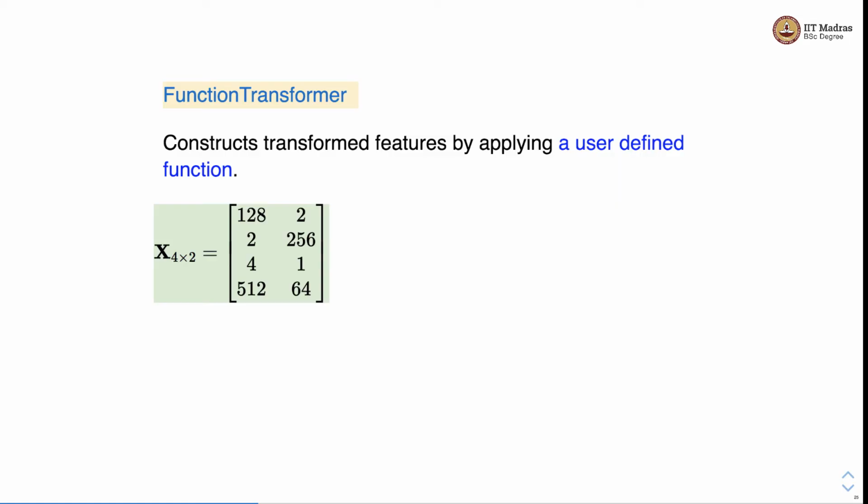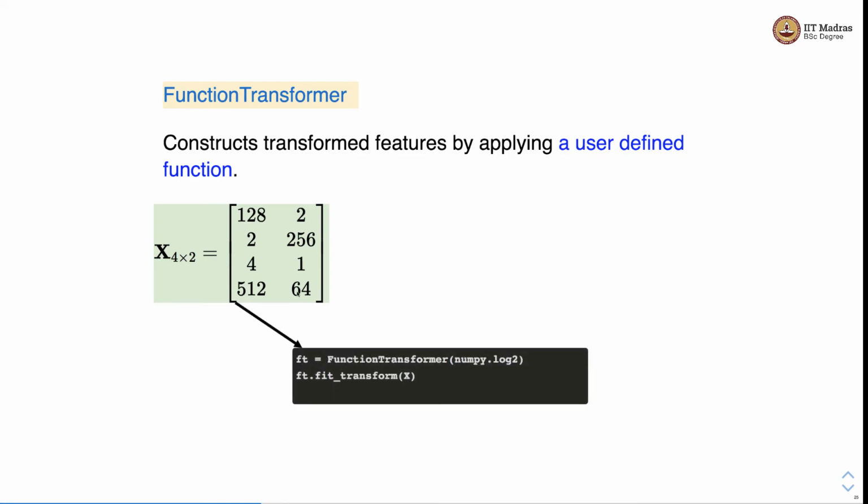Let's take a concrete example. Here we have an original feature matrix with 4 samples and 2 features. The first column represents the first feature, the second column represents the second feature. Here we instantiate a FunctionTransformer object with a function which is log to the base 2, and then we call fit_transform on this original feature matrix.